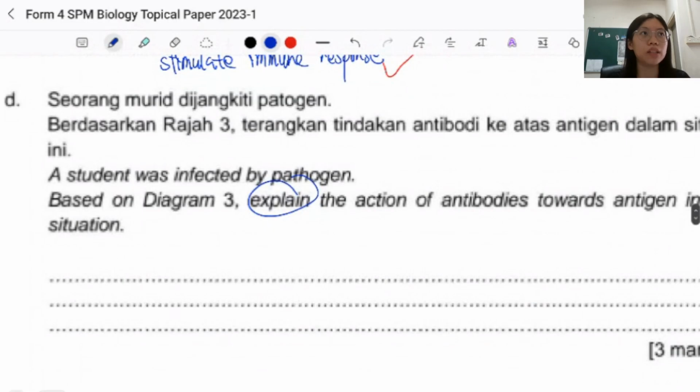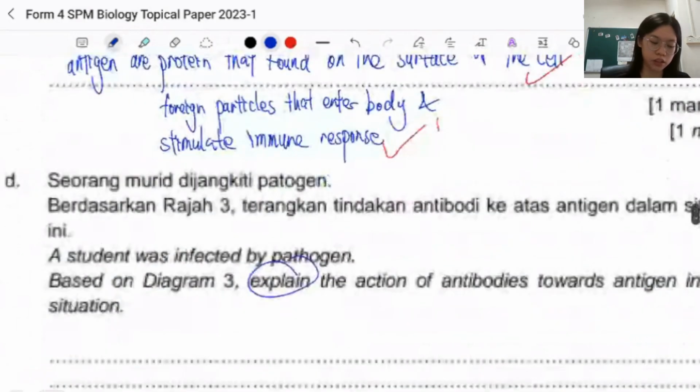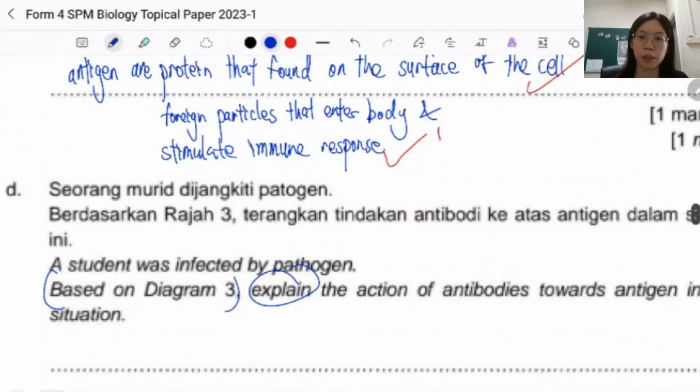They mention based on diagram, but students just straight out write agglutination, precipitation, neutralization, all the actions of antibodies they have memorized. But they want you to base it on the diagram. So remember to read the question properly.